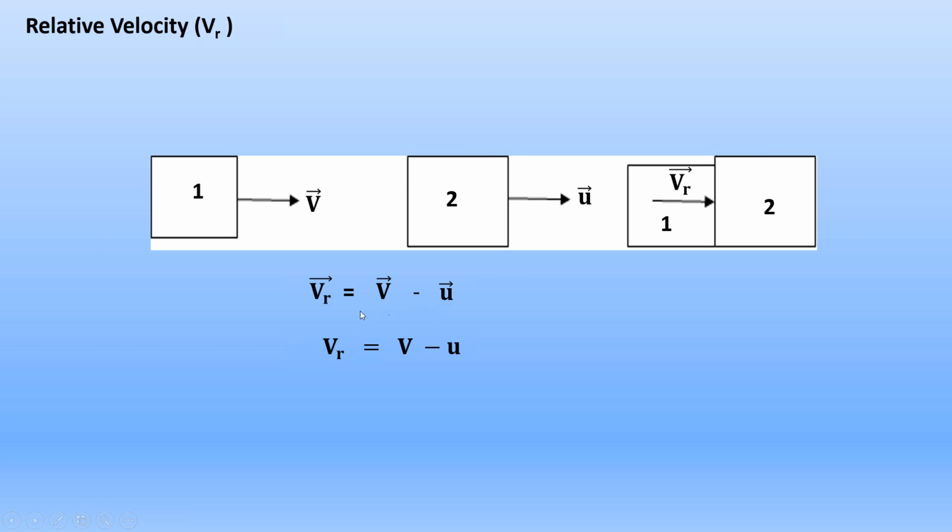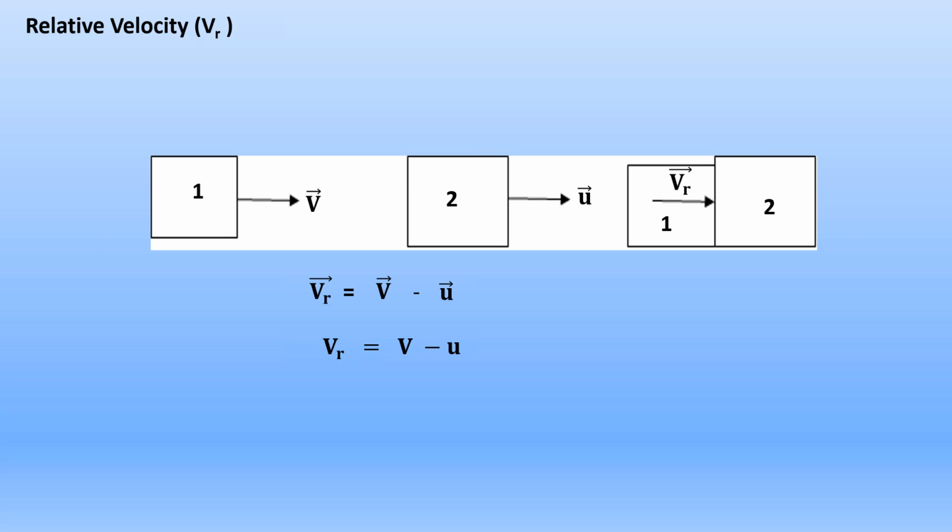Now in this vector subtraction, since it is a vector subtraction, you must consider the directions of the velocities and also their magnitudes.